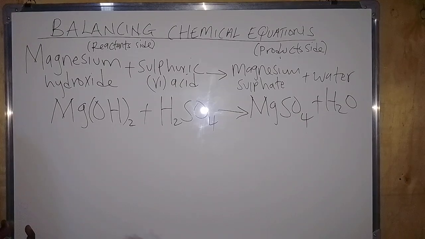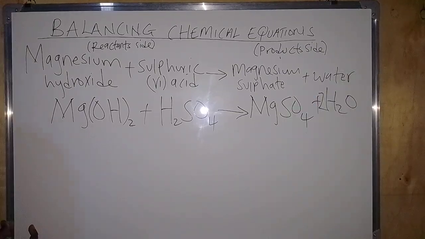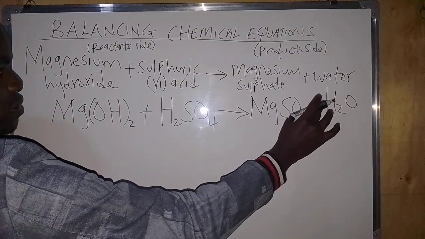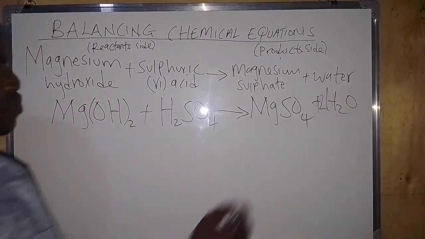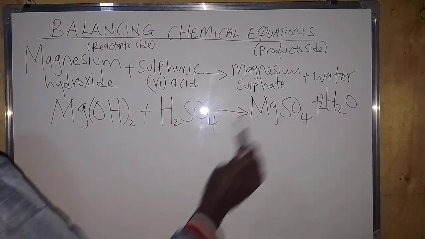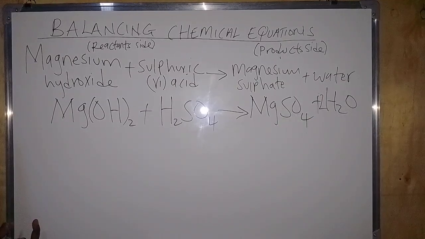So if I'm supposed to balance this equation, I can put 2 here. Putting 2 at this point will give me 2 times 2, which is 4, meaning the number of hydrogen atoms on the reactant side and the product side are balanced.